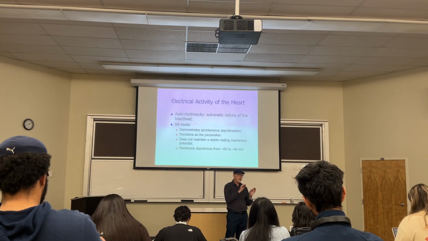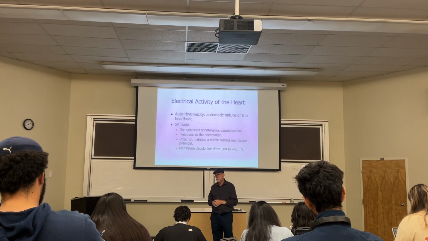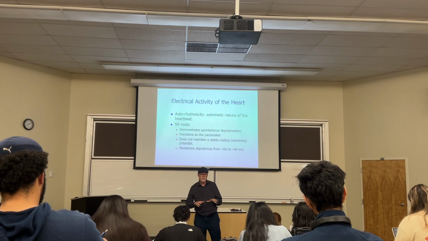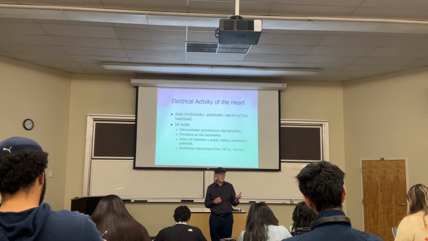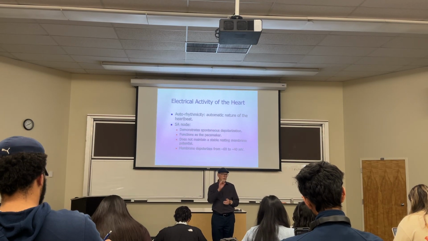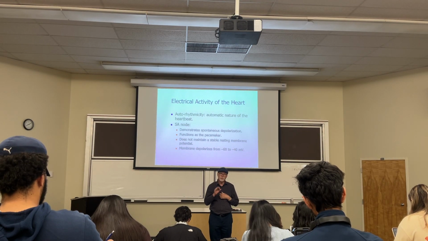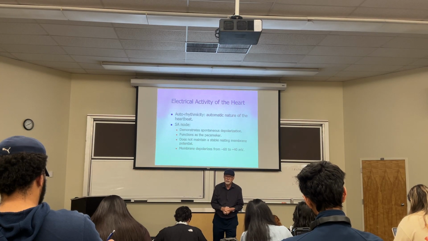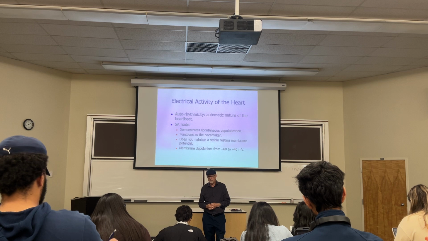Way up in the right atrium, we have the sinoatrial node or pacemaker. All the muscle cells of the heart can also act as pacemaker, but they have a more positive threshold. So the real pacemaker, if it's working correctly, will be our sinoatrial node. That's the one that's going to do it.